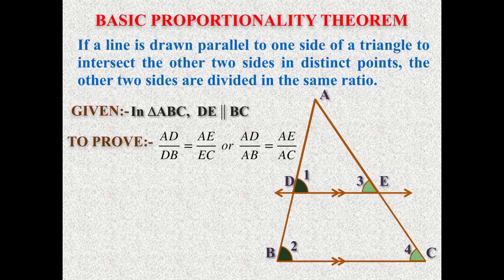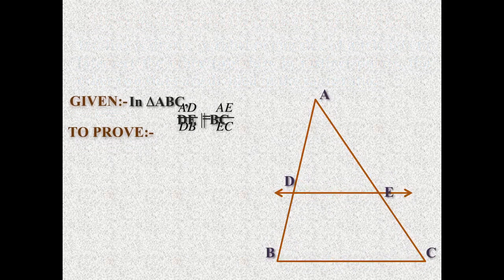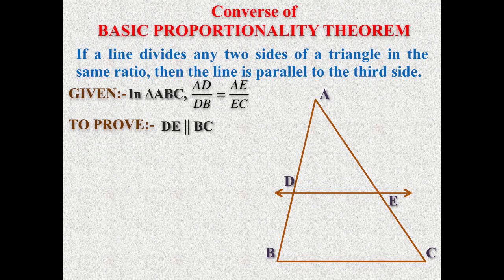Our next theorem is the converse of the basic proportionality theorem, which says that if a line divides any two sides of a triangle in the same ratio, then that line is parallel to the third side. That means the given details and what we need to prove in the basic proportionality theorem are interchanged in this theorem.